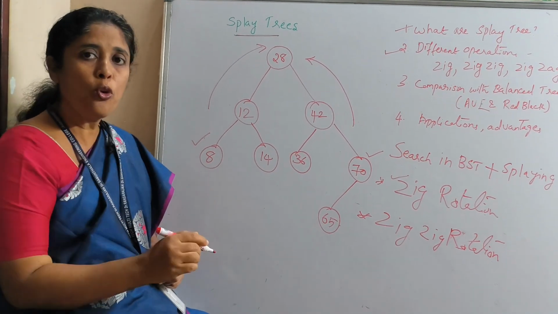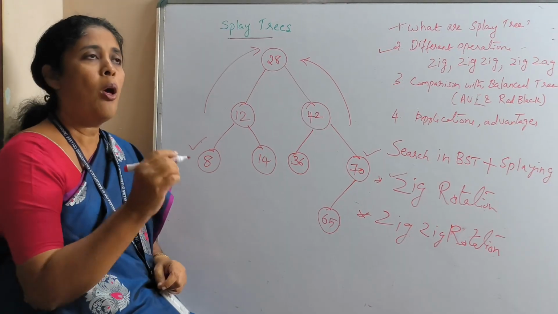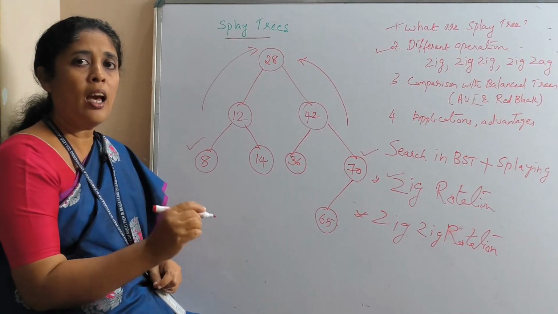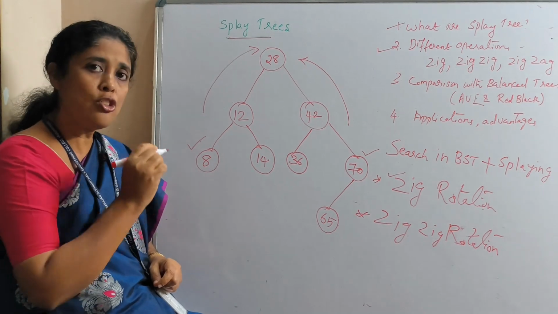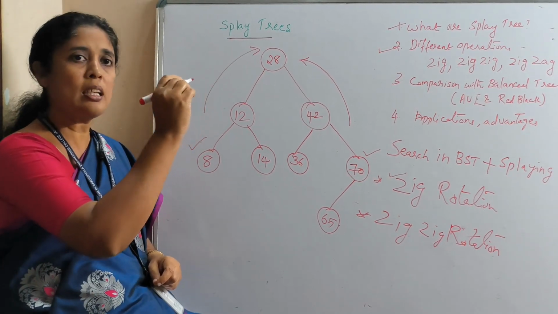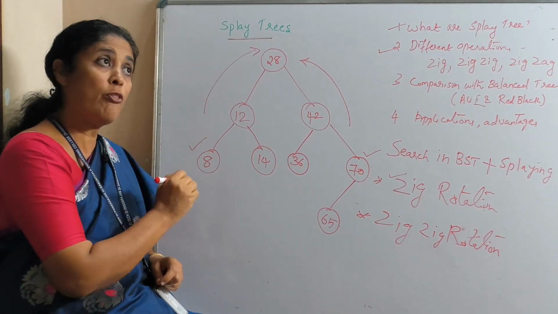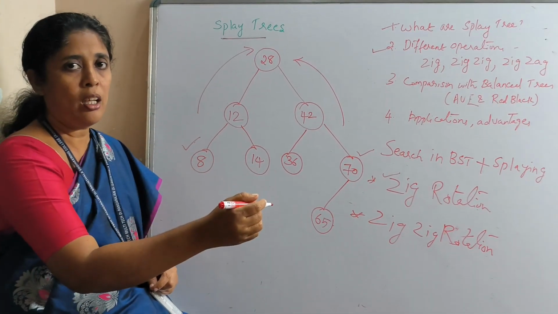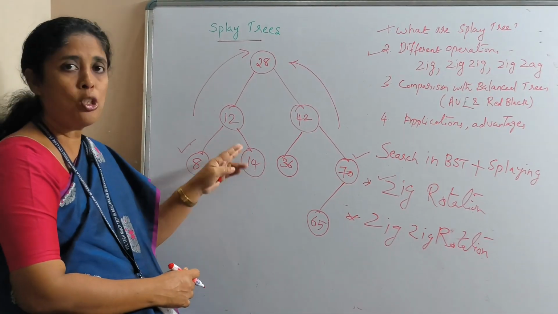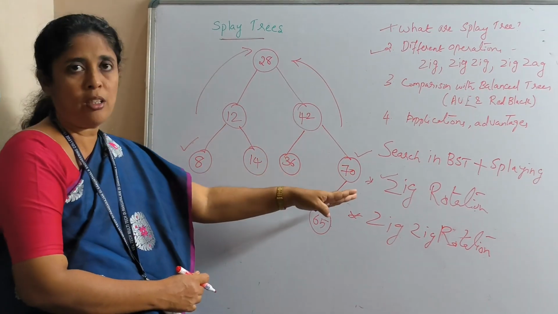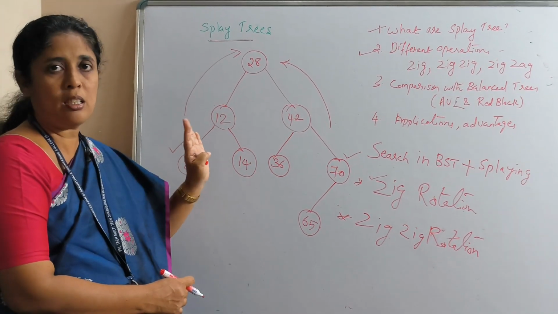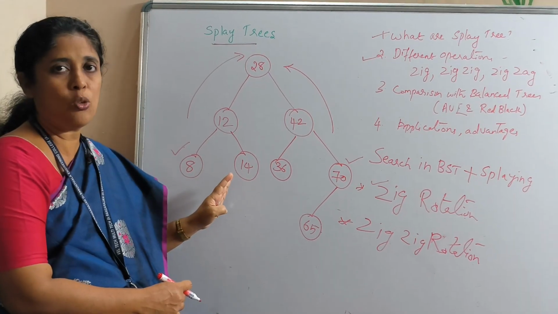So when do you go for zig rotation? When the search element, or the element we are accessing, is the grandchild of the root. It can be either the left grandchild or the right grandchild. It should be left-left or right-right; left-right or right-left is not possible for a zig rotation.